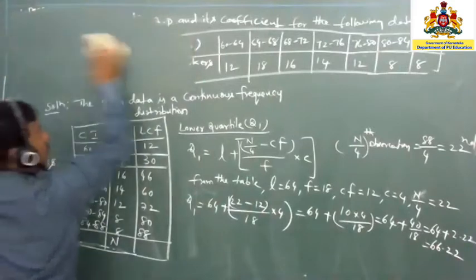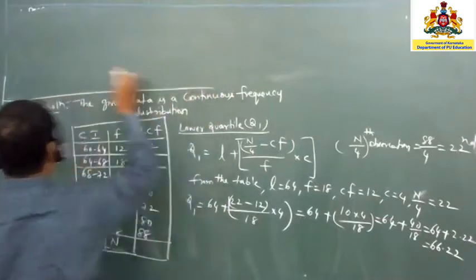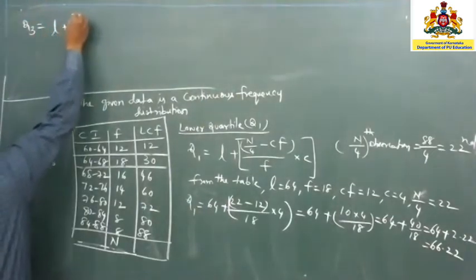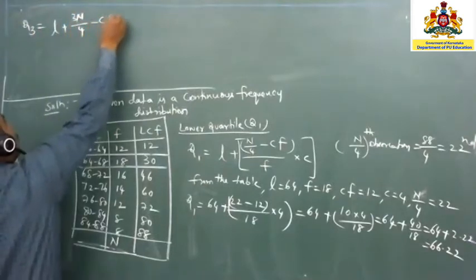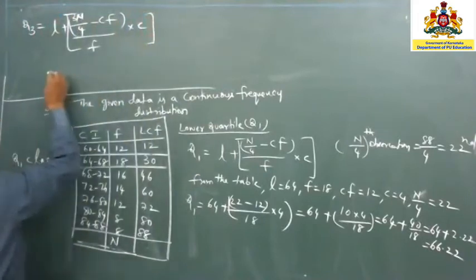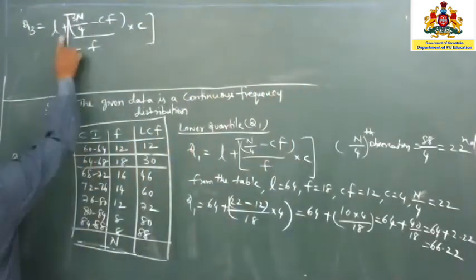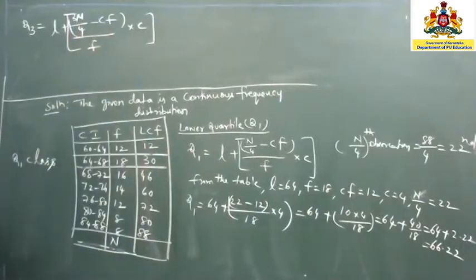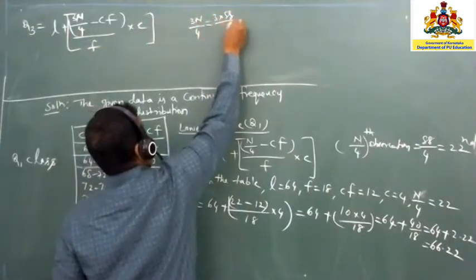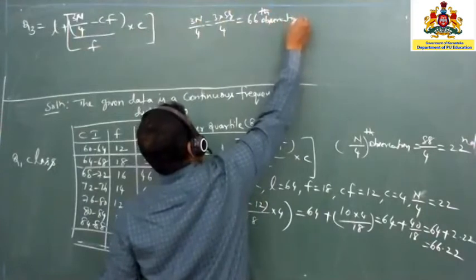I'll erase the sum. Continuation. Then Q3 equals the formula L plus 3N by 4 minus CF by F into C. First find the factor 3N by 4: 3 into 88 by 4, so the 66th observation.